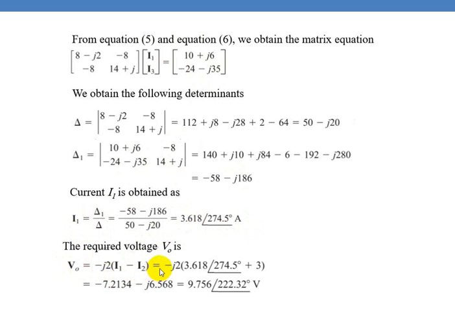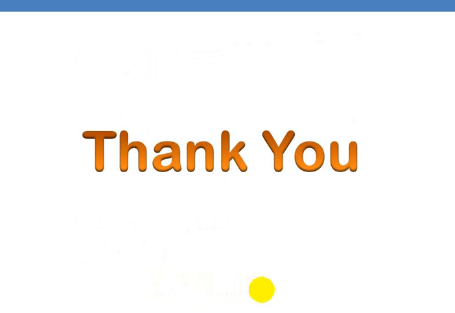So you know I1 and also you know I2. So now substitute the values. I2 is minus 3. So substituting values, you will get V0 in rectangular form as minus 7.2134 minus j6.568. In polar form, it is 9.756 at an angle 222.32 degrees volts.